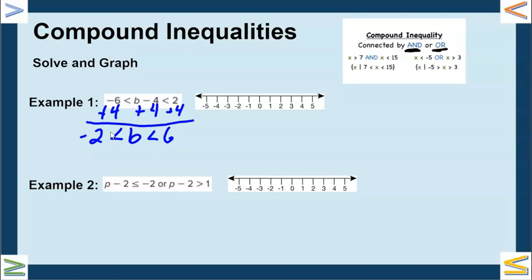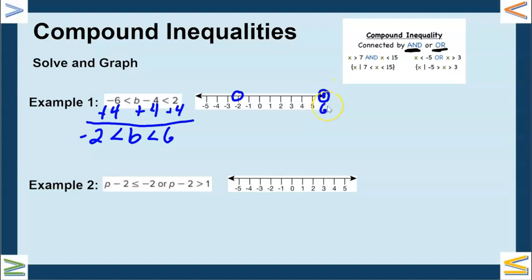Now to graph this one, I'm going to put a point at each of these ends. Now these are less than symbols and greater than symbols. So I'm going to use an open circle at -2 and an open circle at 6. So 6 would be right here. So I'm going to put an open circle here.